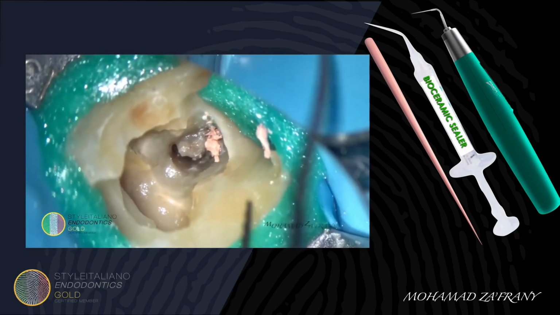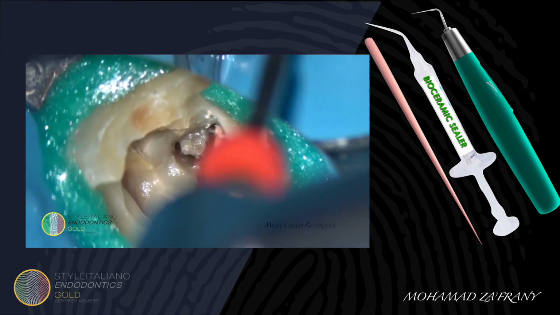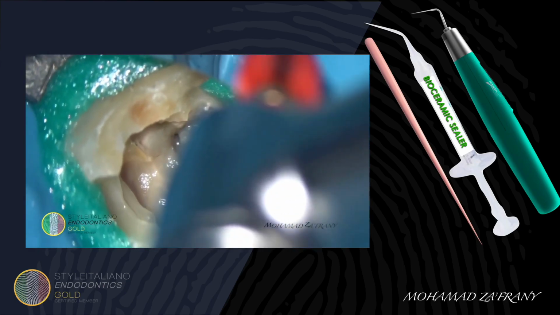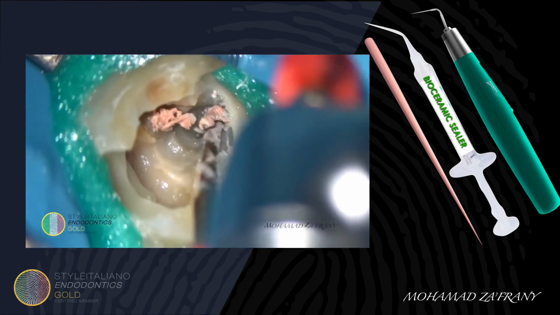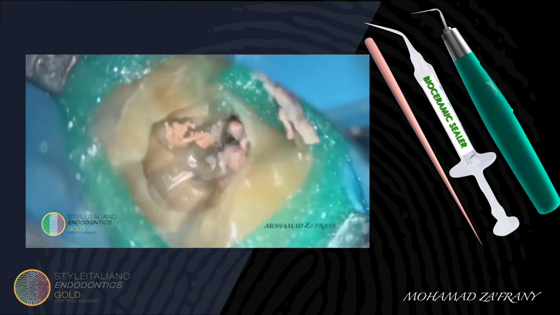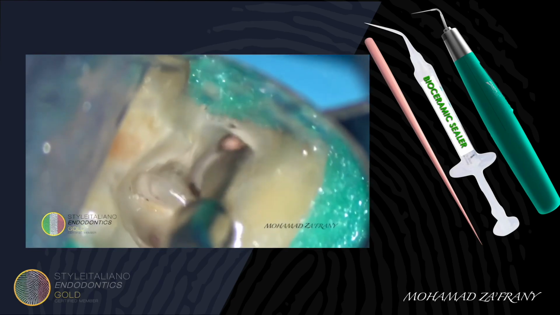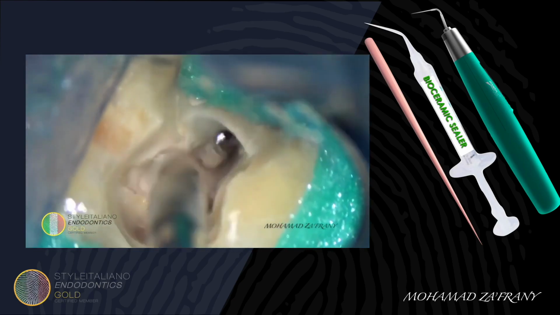Using a larger taper file, I started to remove all the gutta-percha from the distal portion of the canal. And you can see here some pus secretion in the isthmus. Using ultrasonics with flushing, removing the remnants of gutta-percha from the pulp space.